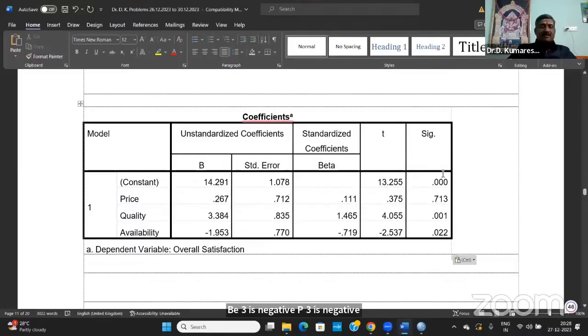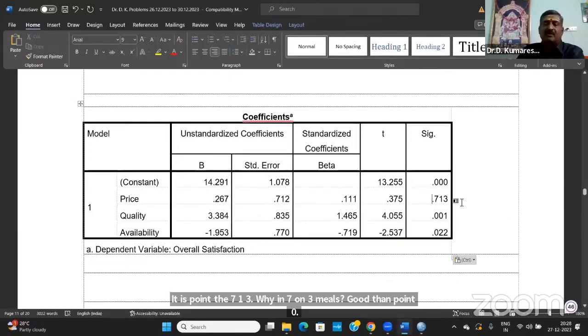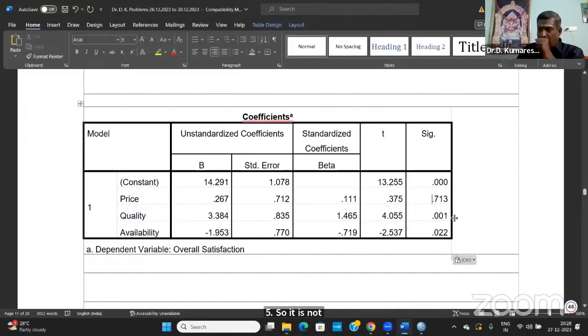Look at here, the p-values. For X1, it is 0.713. 0.713 means greater than 0.05, so it is not significant. Second one, that is for quality, the p-value is 0.001.